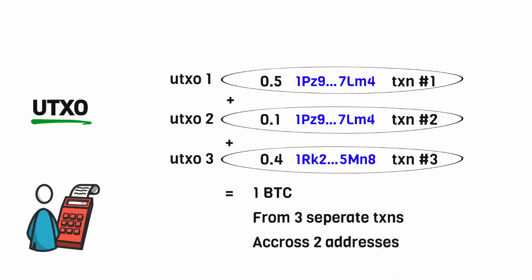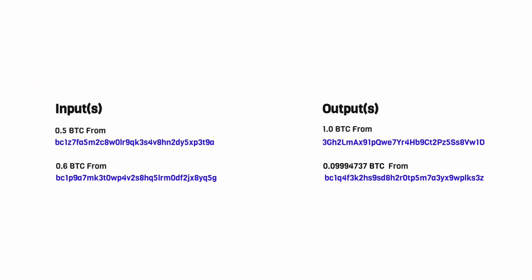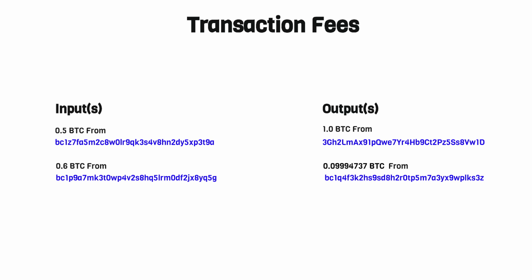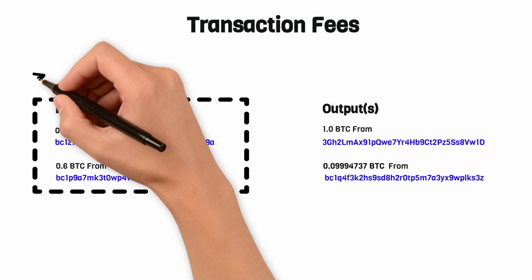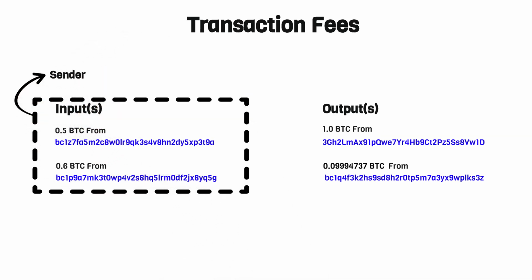In this example, your wallet balance is 1 Bitcoin made up of 3 separate transactions across 2 different addresses you generated to receive Bitcoin. Before we wrap up, there's one more thing to understand about real Bitcoin transactions, the transaction fees. The examples we covered earlier didn't include fees for simplicity, but in a real Bitcoin transaction, the sender pays a fee. The fee is based on how busy the Bitcoin network is, and your wallet will suggest the rate before you confirm the transaction.